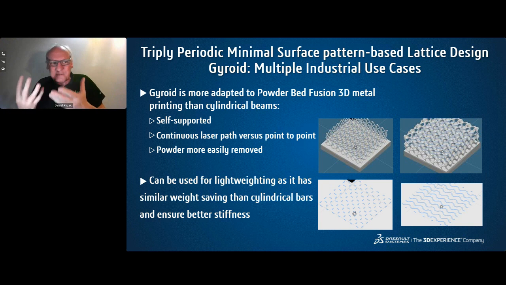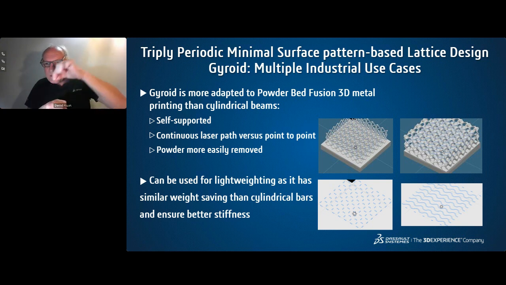If you look at the lower pictures, if I have bars, my laser will move from one point to another, because the intersection of the bars, depending on their orientation, of course, and the slice might create some spots. So you have to move from one spot to another, which is not very efficient. If you use a TPMS, a gyroid, the intersection of the plane with the gyroid is a continuous curve. So the laser will always move continuously. So it's much more efficient from a production, manufacturing point of view.